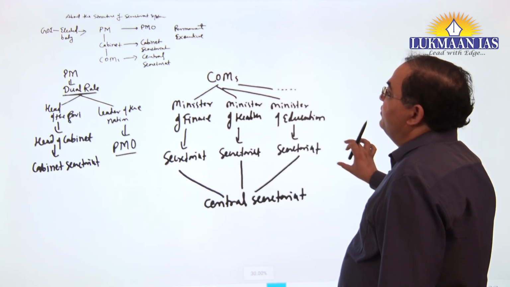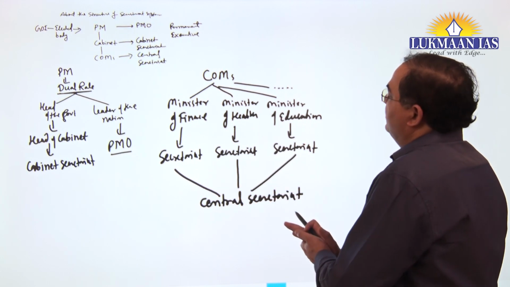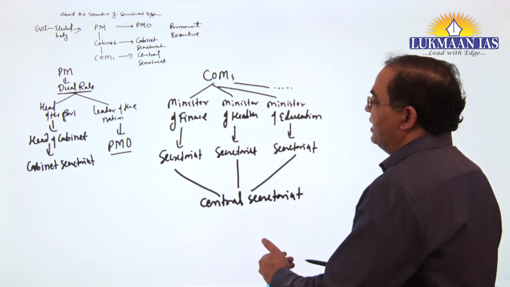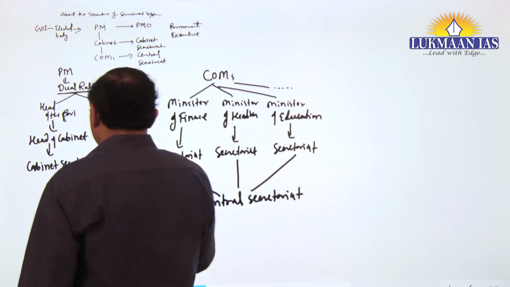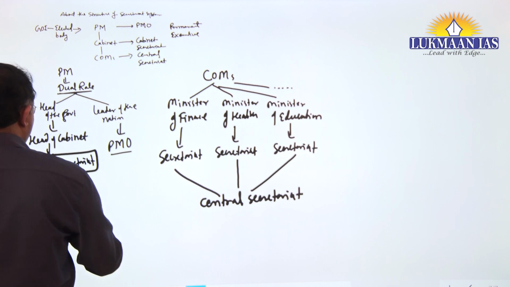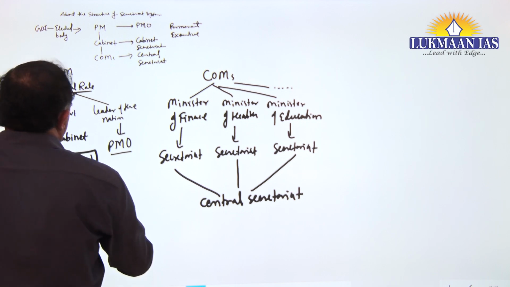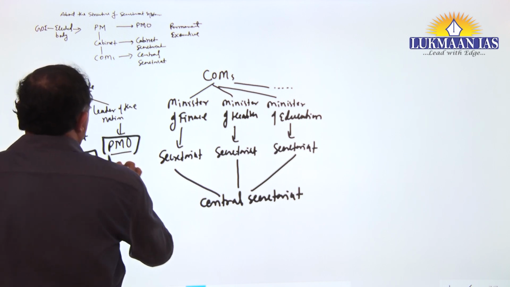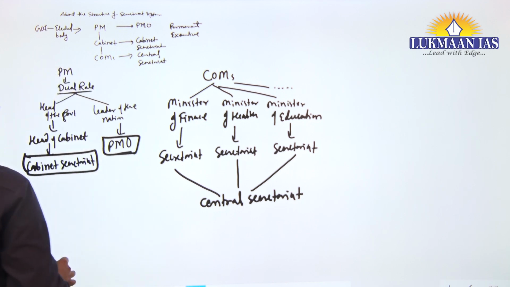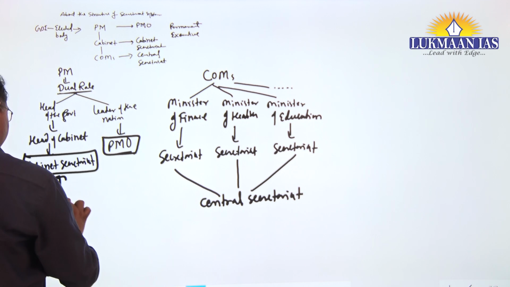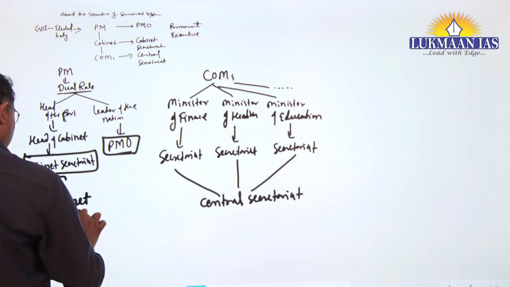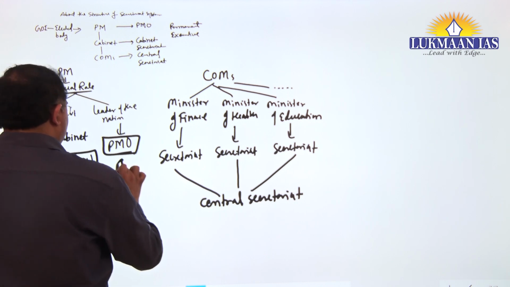Now, how do they function? The cabinet has its own secretariat, the Cabinet Secretariat, and the Prime Minister has the PMO. The head of the Cabinet Secretariat is the Cabinet Secretary, and the head of the PMO is known as Principal Secretary.